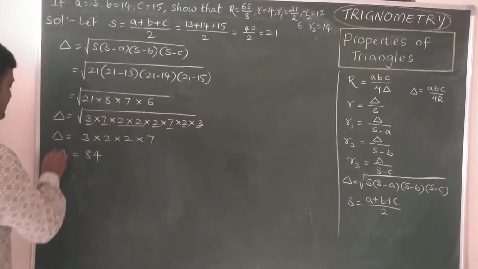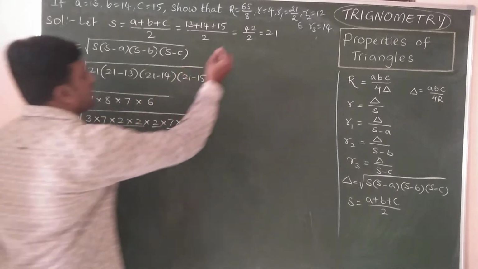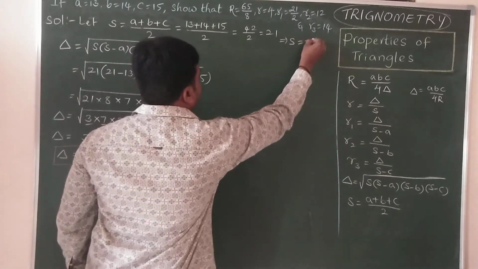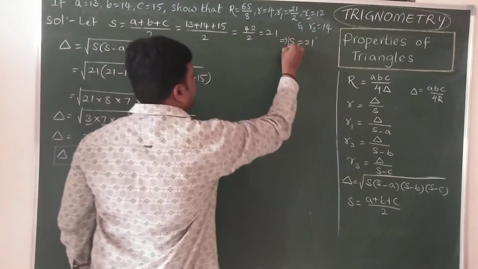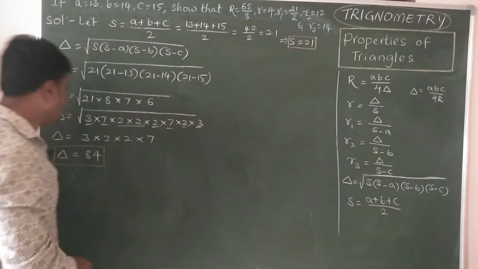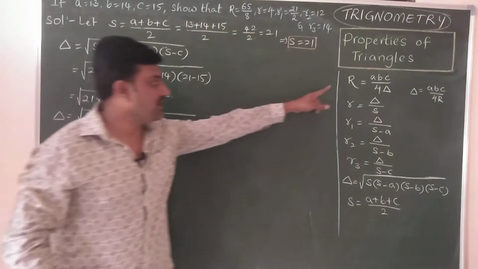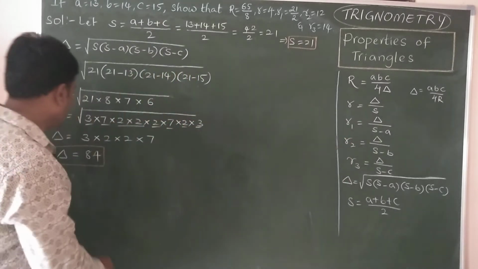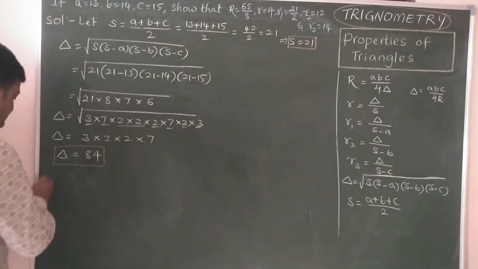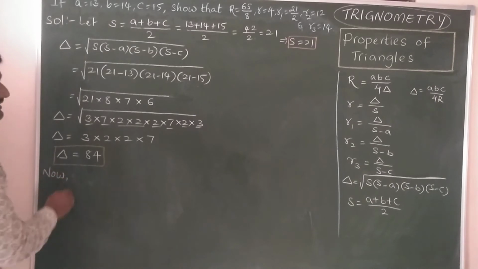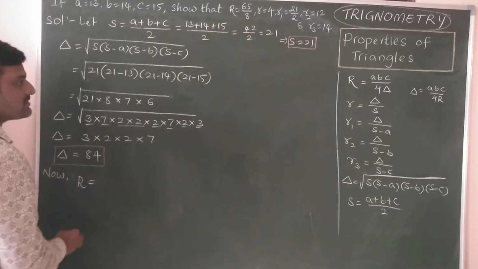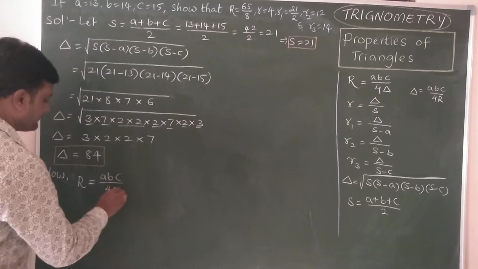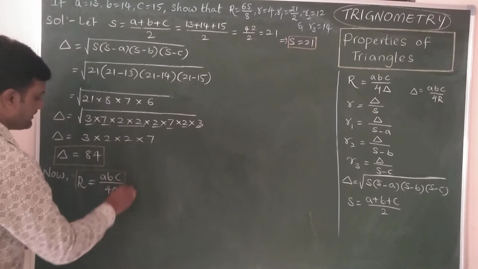Then we got delta and s also. s equals 21. Now these values, capital R, small r, r1, r2, r3. First of all, capital R equals abc by 4 delta.